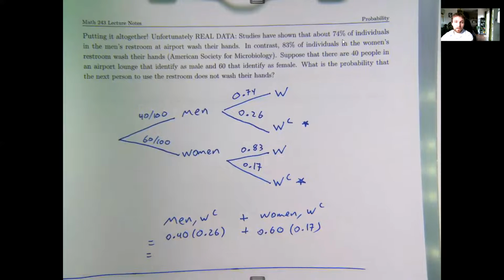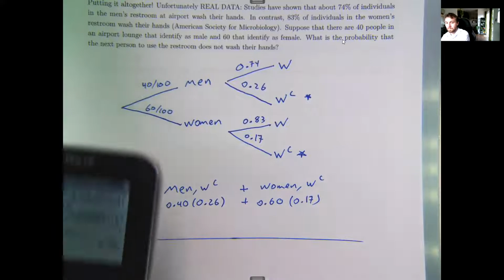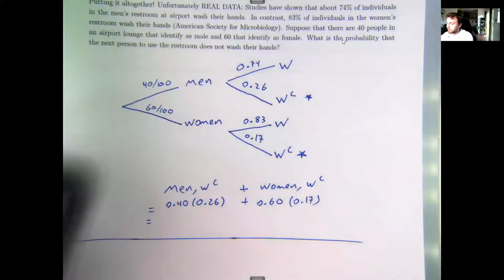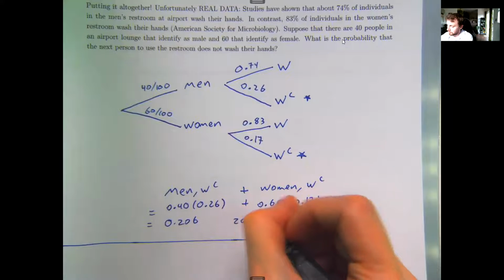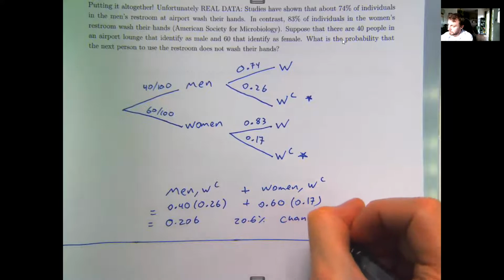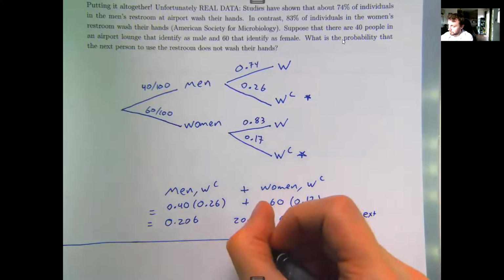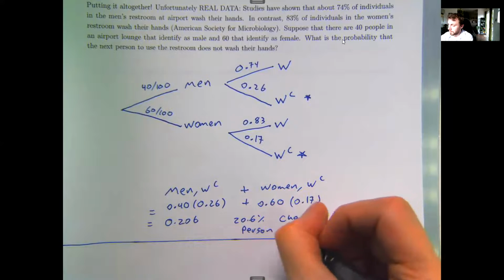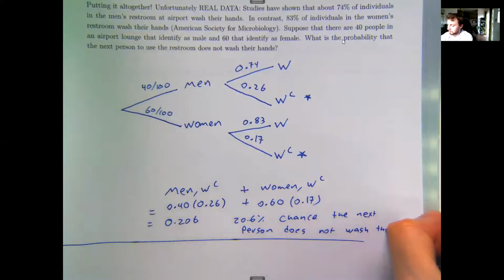I'm going to type this into a calculator and I'll see what I get. And I get a probability of about 20.6% chance that the next person does not wash their hands.